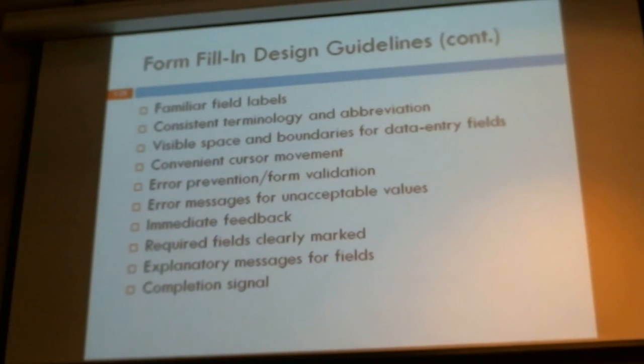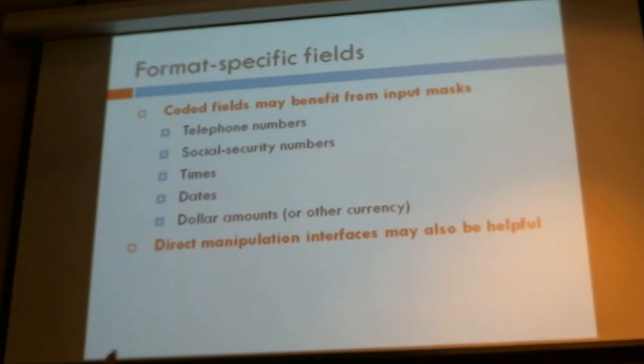These are some more design guidelines, and a lot of these already overlap with the 8 golden rules you've already learned, and also the design of everyday things, so I'm not going to go over each and every one. And then there are also form-specific fields that help users make fewer input errors, right? Because one of the big problems in giving people open access to put stuff in your database is that users are notorious for creating bad data.